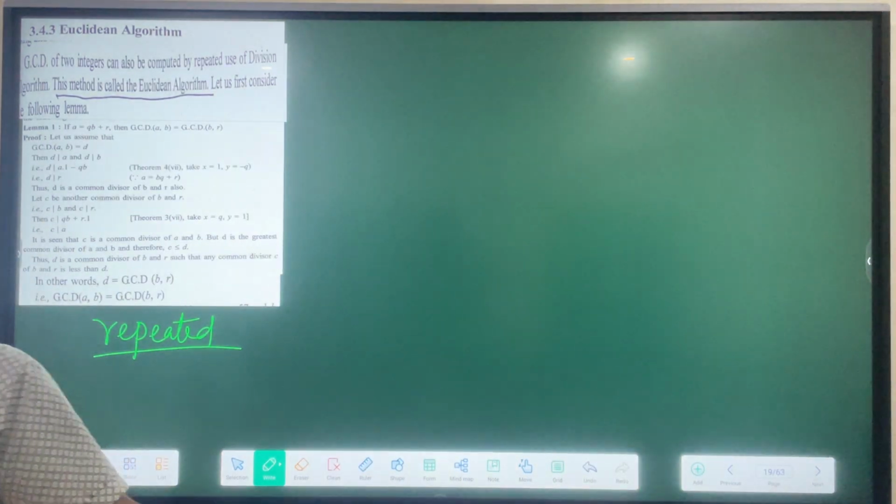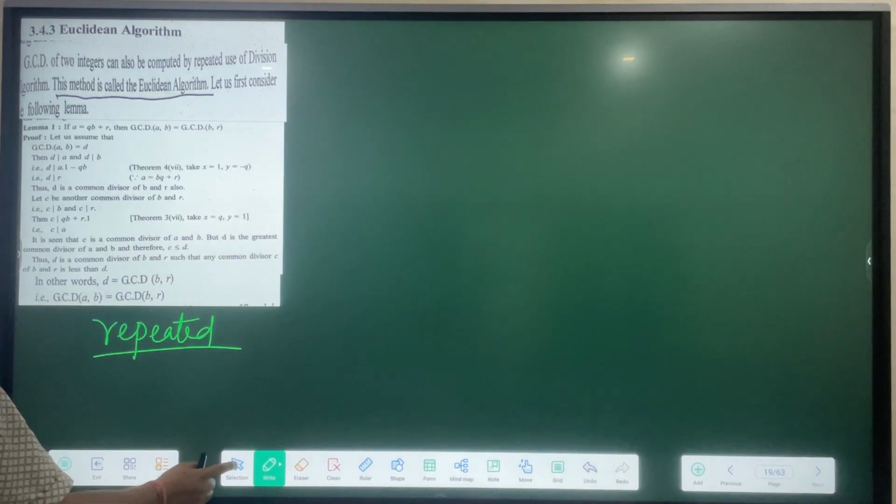Here, this one is given in the book actually.